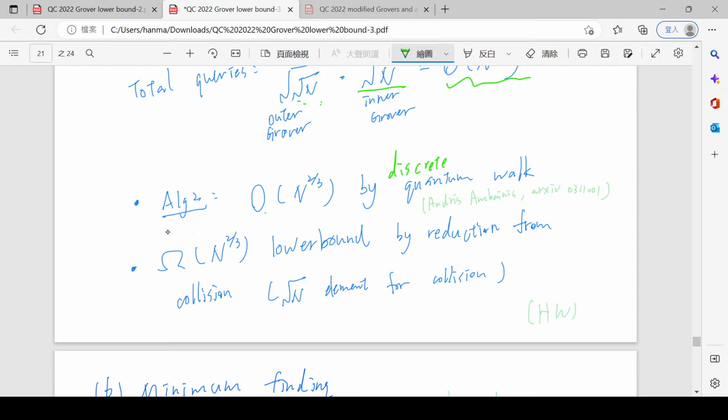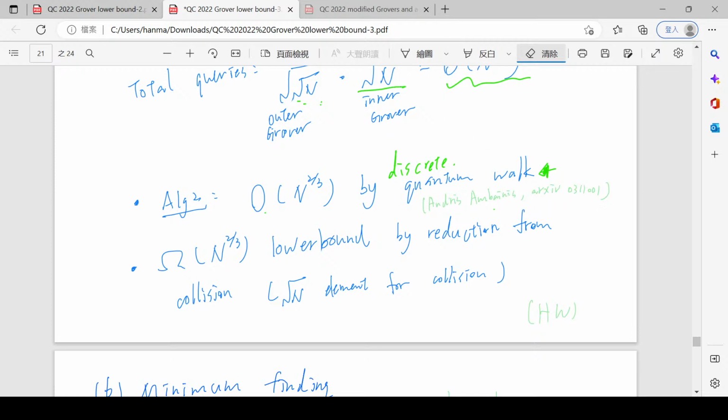So just so you are not too confused if you actually look at the paper, this is the discrete time quantum walk by Ambainis, and here is the arXiv number. And this quantum walk is actually like a random walk. So it's like a quantum version of classical random walk. And okay, this is a really cool paper. It's quite technical.